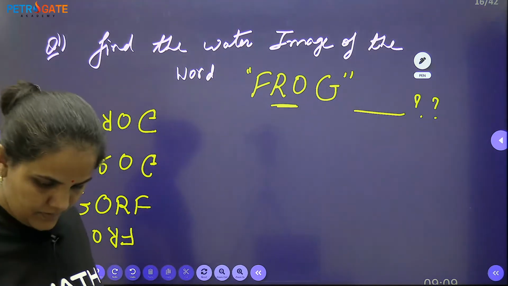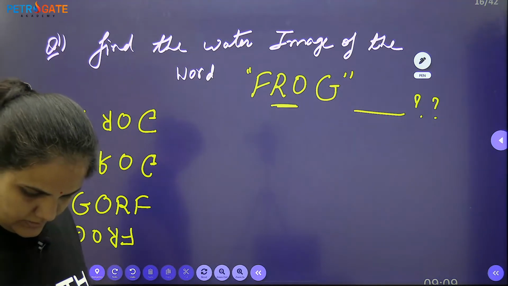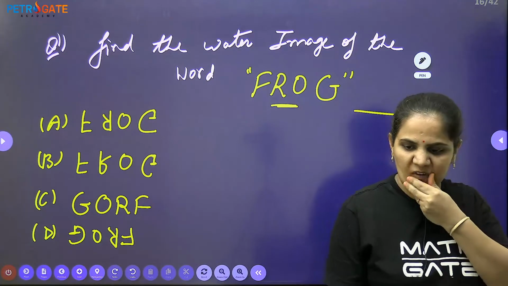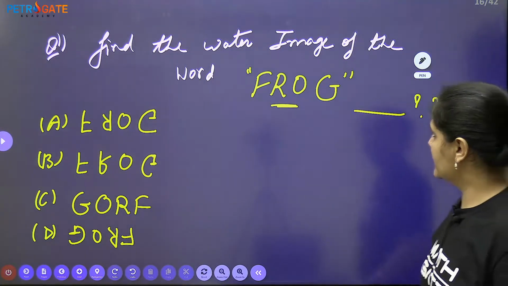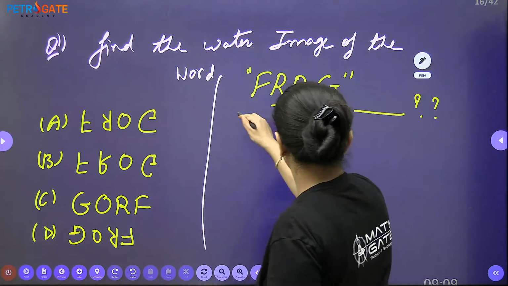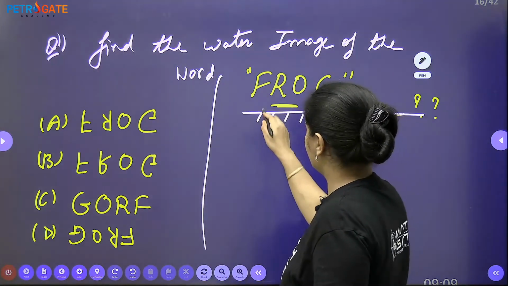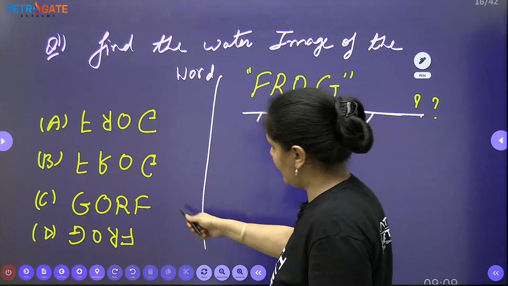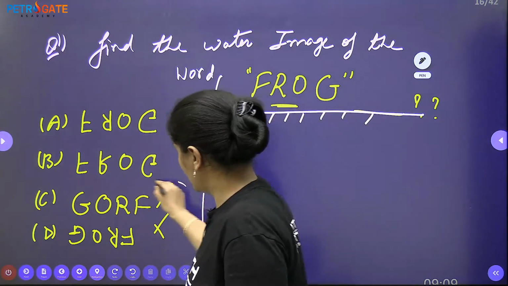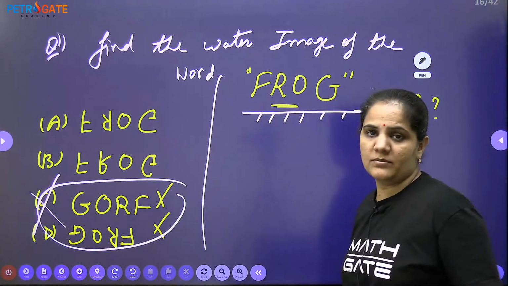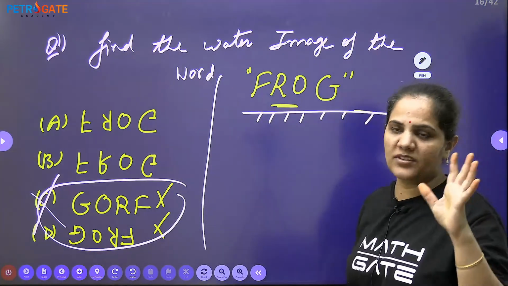Now let's go for it. What is the water image of this one? Let's find it out. Let's go for it, dear students. You guys can understand this one, ma'am. It will start from F, so these two options are not possible. 100% these two options are not possible.